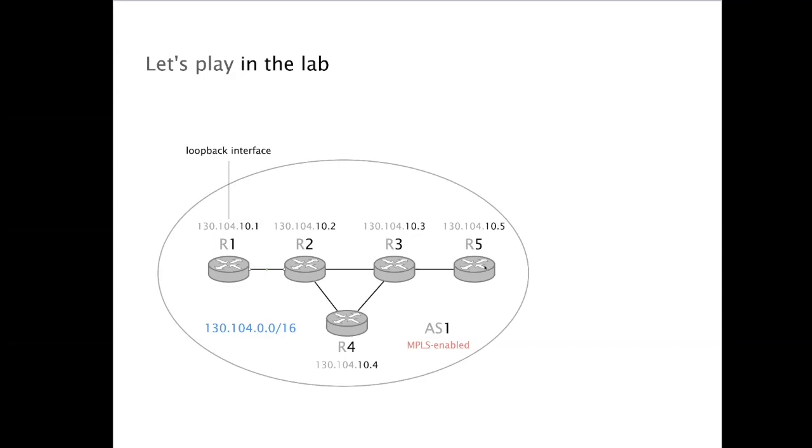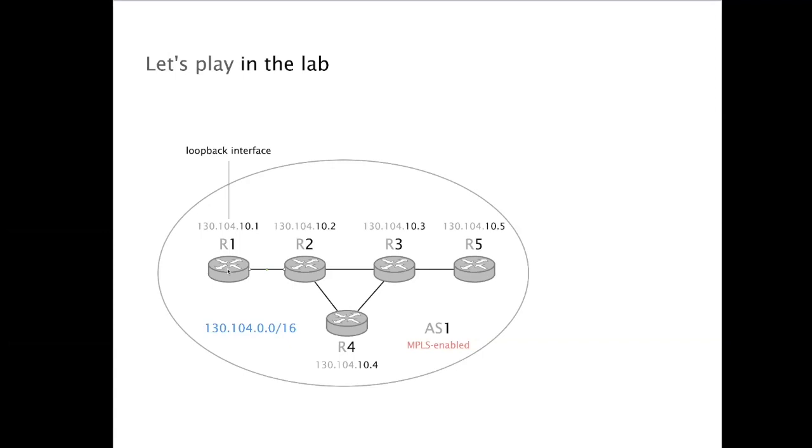Then R5 will answer the ping, and as an answer to the ping, we'll put a label here between R3 and R5. There will be a label between R2 and R3. And then R2 will pop that label before sending the packet back to R1. This is exactly why you have a label when you send the packet out, but not when you receive it, because the previous router has removed it.